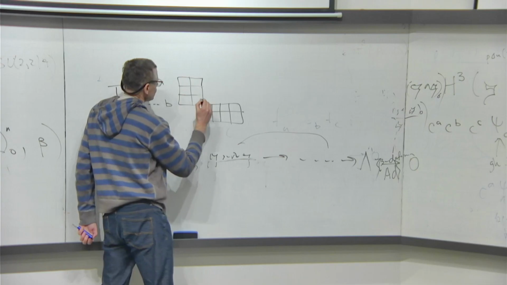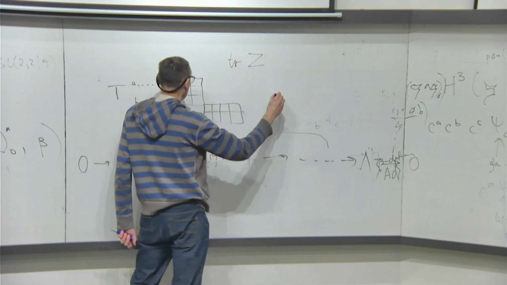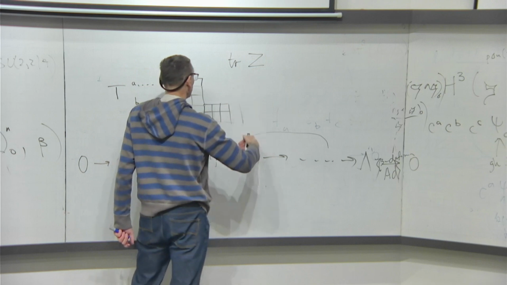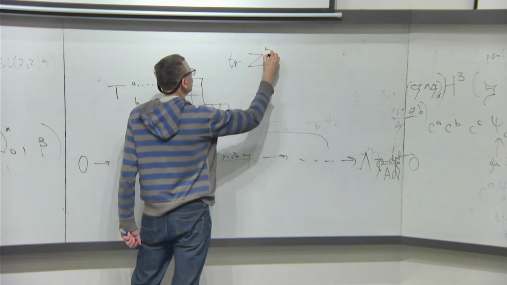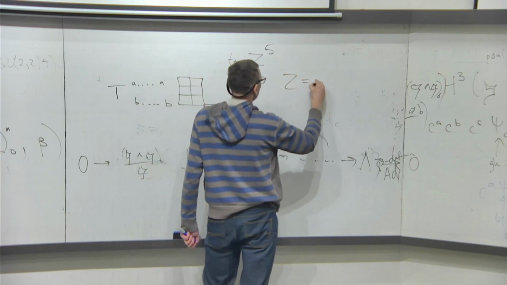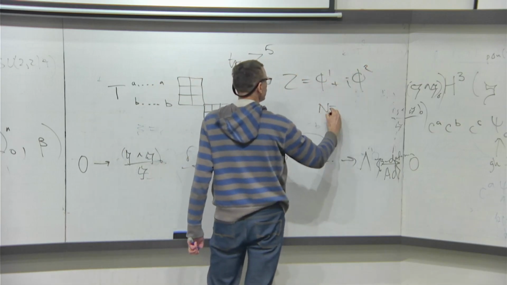So this, for example, corresponds to trace Z to the power 5, where Z is the complex combination of two scalars of N equals 4 super Yang-Mills.